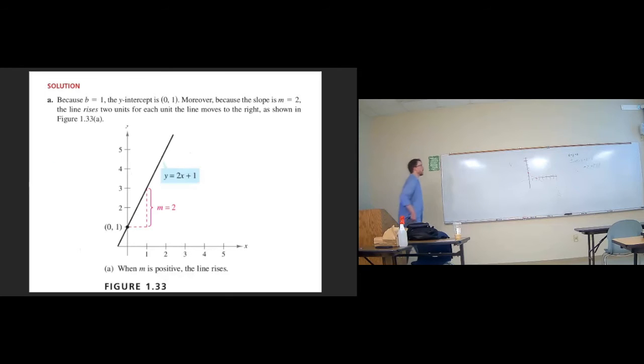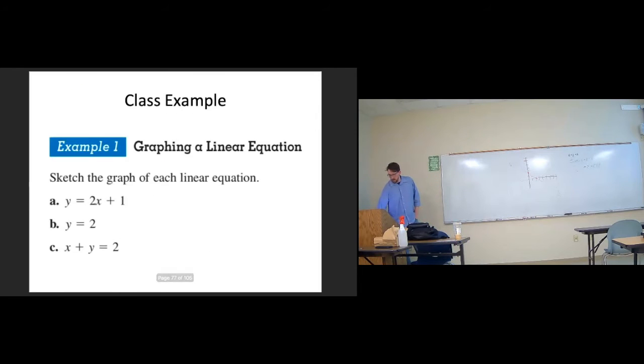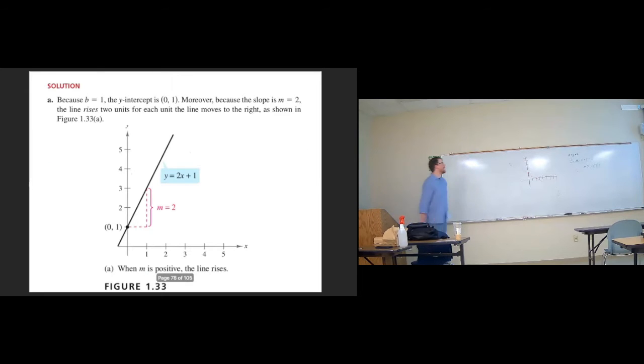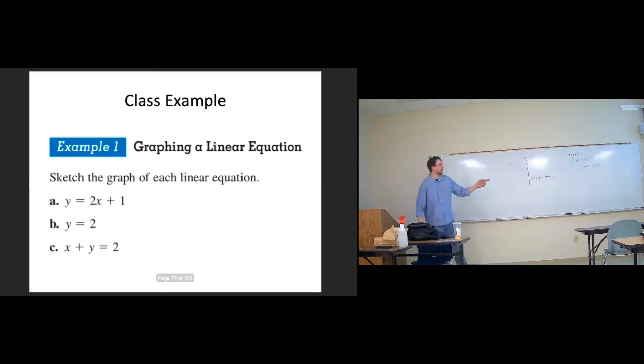Oh, that's because they were looking at the first one. First was like, that does not look like my graph, but that's because they were looking at the first example, which is 2x plus 1.